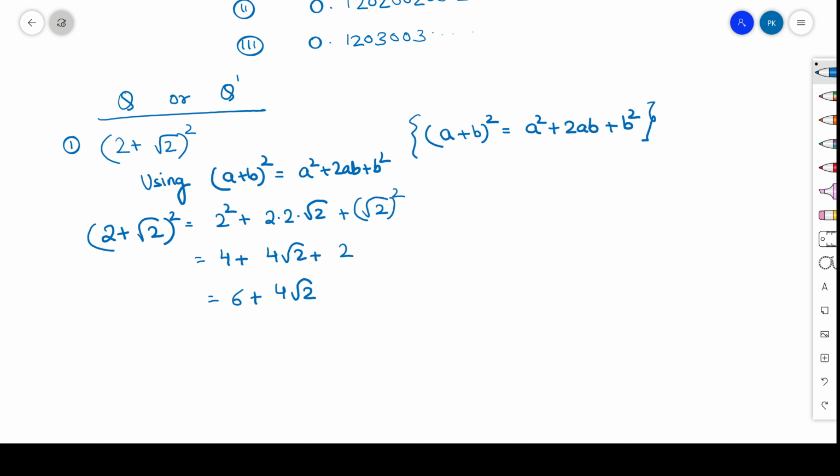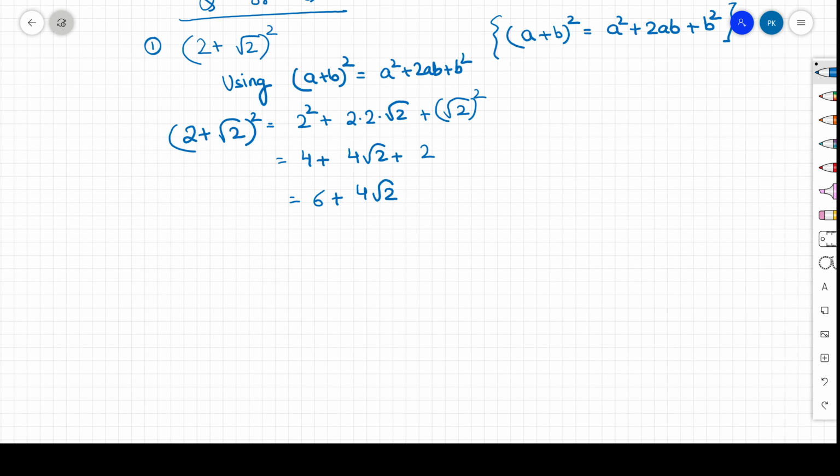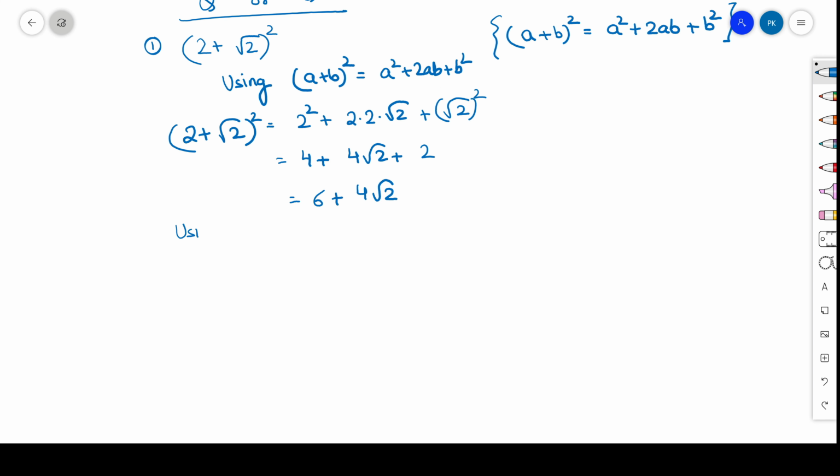Now we know through theorem that the sum of a rational and irrational number is an irrational number. So you need to revise the theorem on irrational numbers, and you need to state the theorem here. We know that the sum of a rational and irrational number is irrational. We can say that 2 plus under root 2 the whole square is an irrational number. So this is the first question.